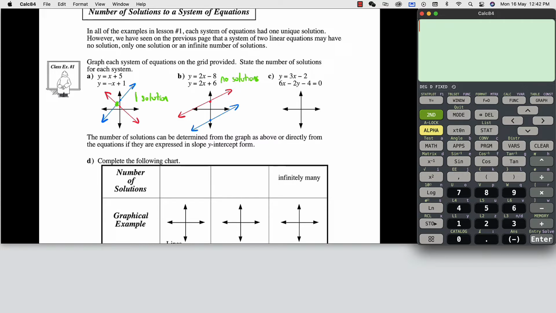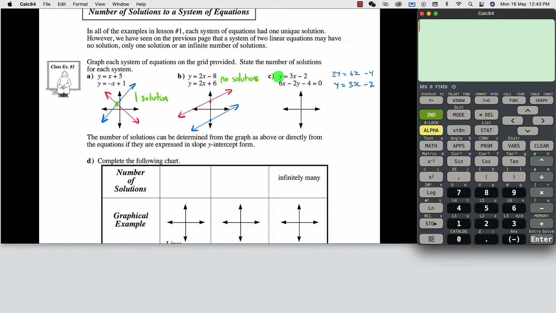And part C, okay, well, first of all, recognize that the second equation there we need to put into the slope y-intercept form. So if I move the 2y to the other side, I should have 2y equals 6x minus 4. Divide everything by 2, and I get y equals 6 divided by 2 is 3x, -4 divided by 2 is -2.